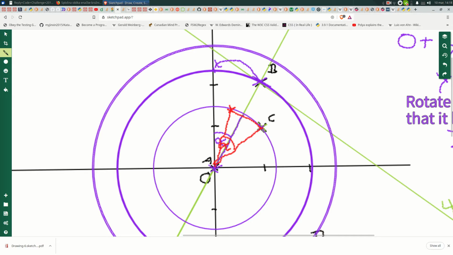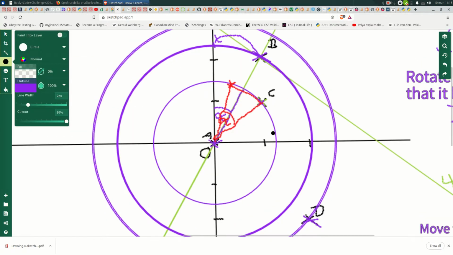And well, there is a thing that we can do.